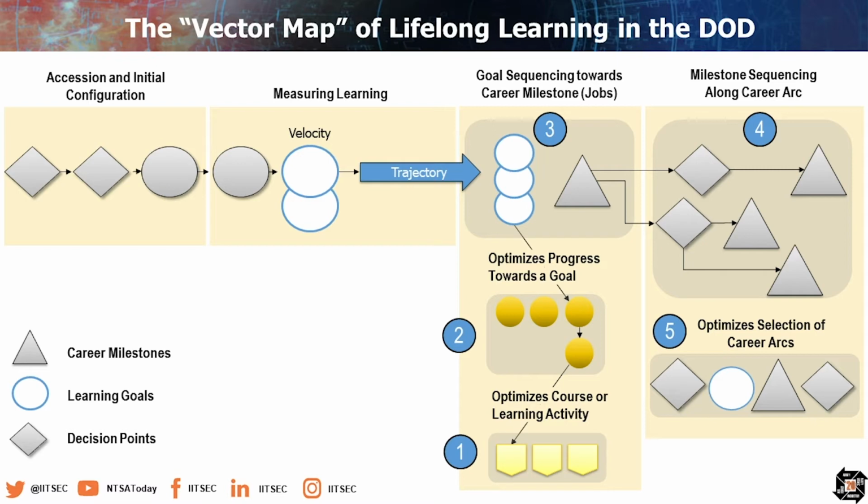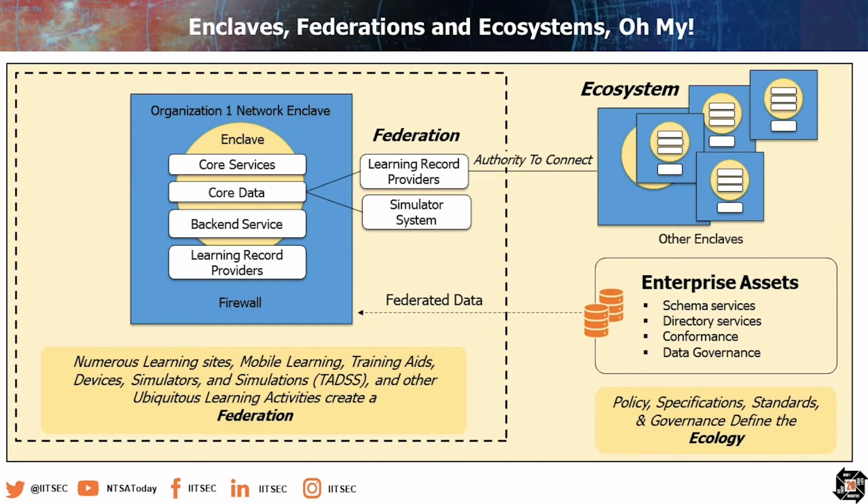Next, we're going to talk a little bit about federations, about ecosystems. Ecosystem has become a little bit of a brand. There are a lot of vendors out there talking about ecosystems, and it exists along a continuum.